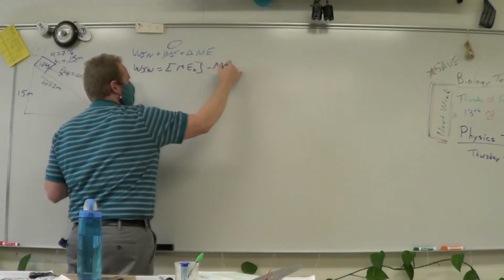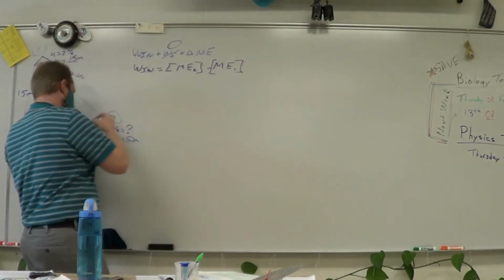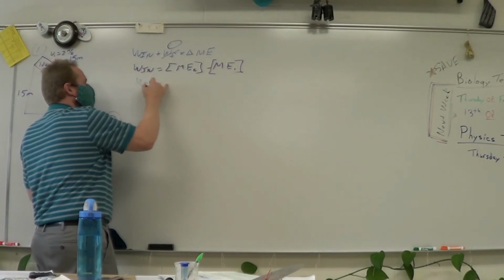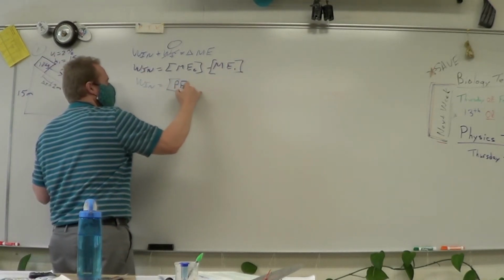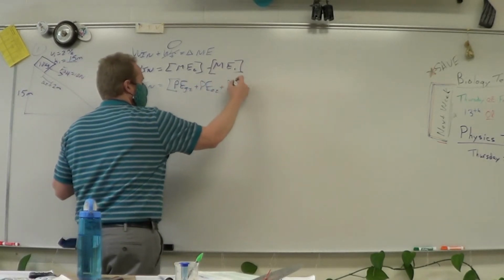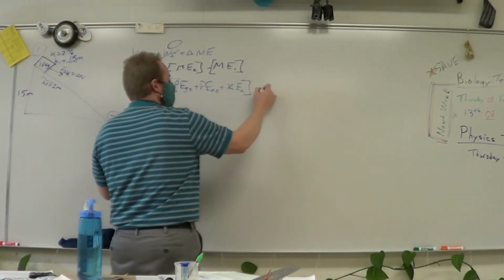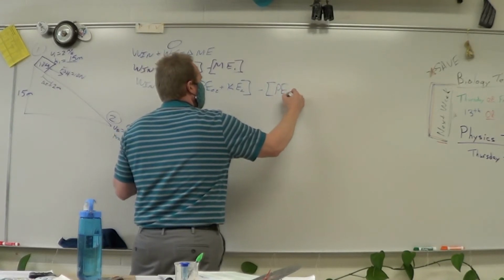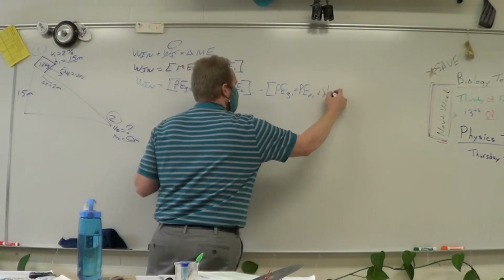minus ME1. And then we can expand out all of our energies and say work in is equal to bracket PEG2 plus PEE2 plus KE2, bracket minus bracket PEG1 plus PEE1 plus KE1.